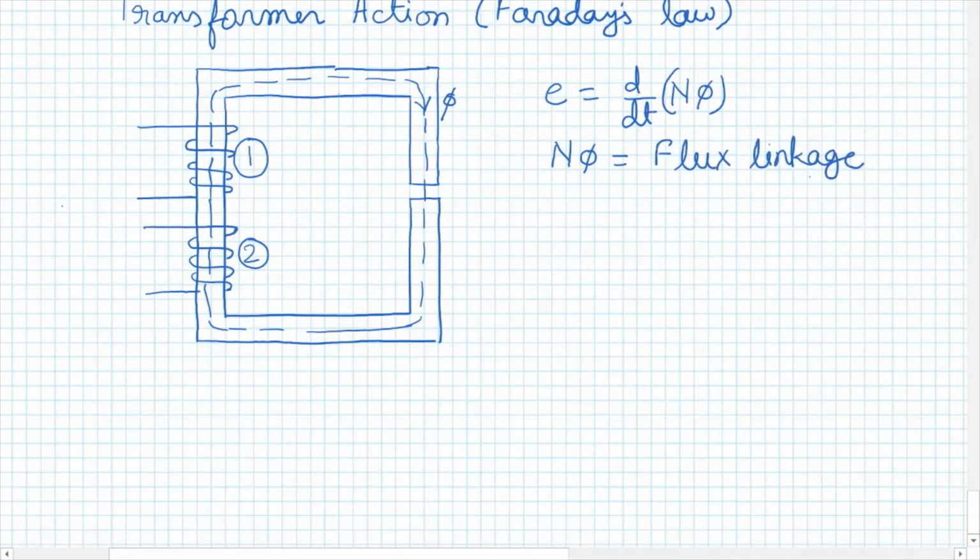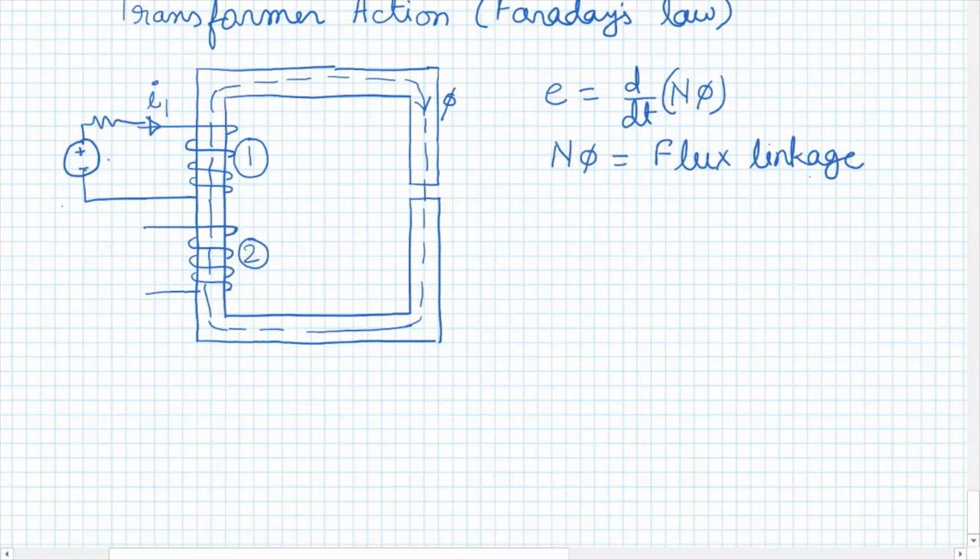So let us take this example. We have a core with two coils, coil number 1 and coil number 2. The input to coil 1 is a voltage source, which produces some current in coil 1. Because of this current, a magnetic field phi is produced.